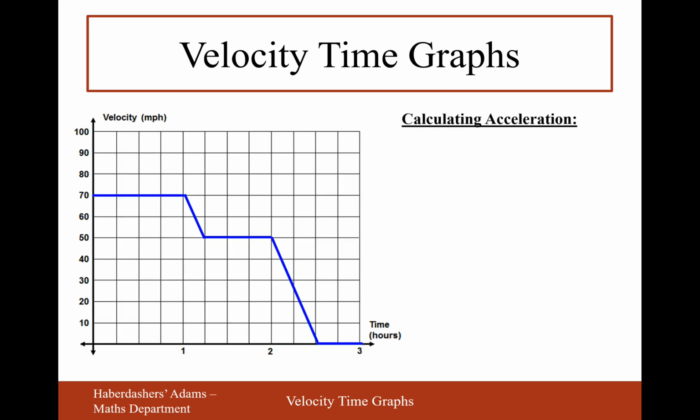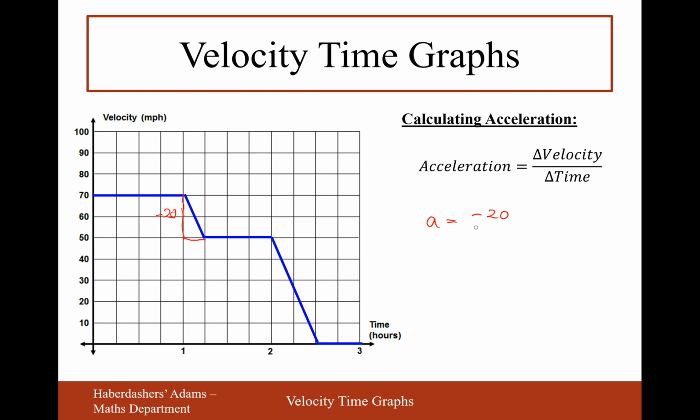But what about when we have decreasing lines, just as we had in that original graph? This is the original graph. In this case, it's still going to be the same formula. Change in velocity divided by change in time. So it's going to be a change in the velocity, which is from 70 to 50. We're going down from 70 to 50, so that's a change of negative 20, over a change of 15 minutes.